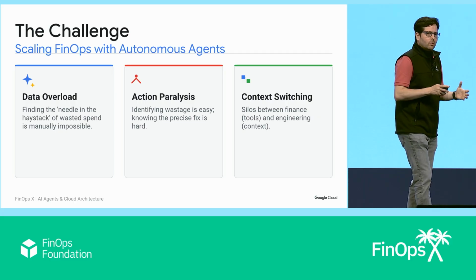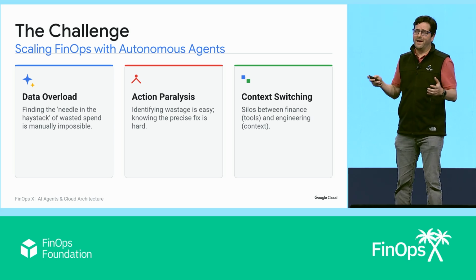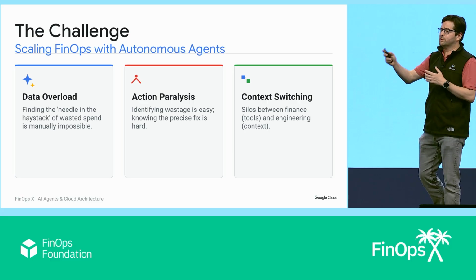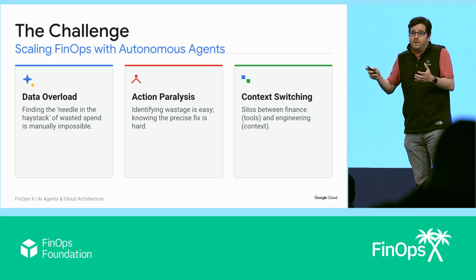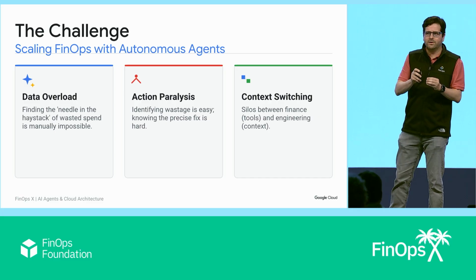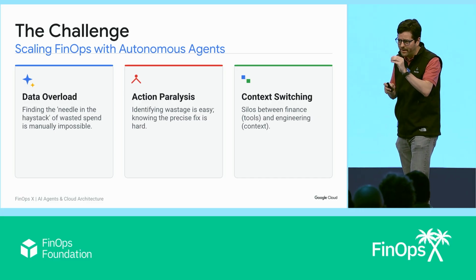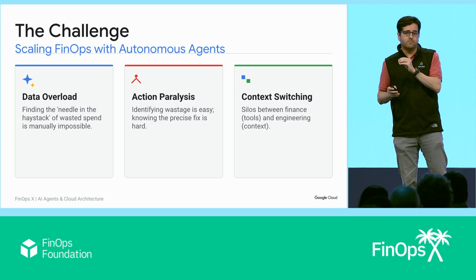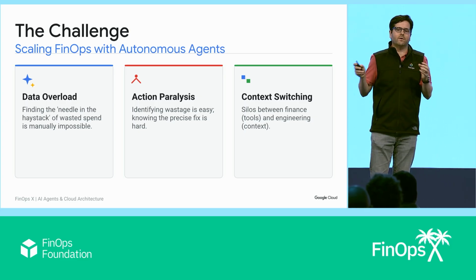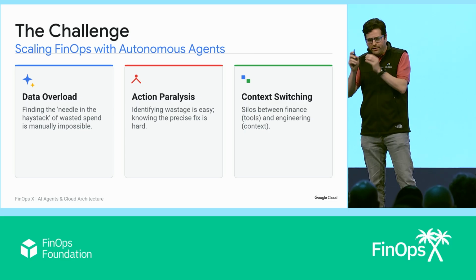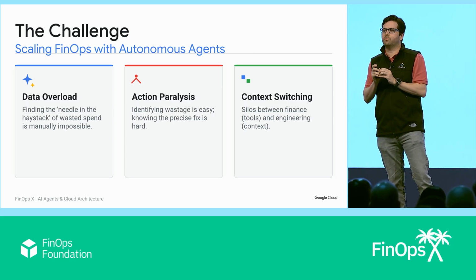There's data overload. Cloud environments are massive. You have so many resources. We are talking about increasing scopes, tokens, and there's organic growth. That cloud keeps growing, and you need to find that needle in the haystack. What is the best opportunity for you? What will give you the biggest bang for your buck? Because you don't have unlimited time.